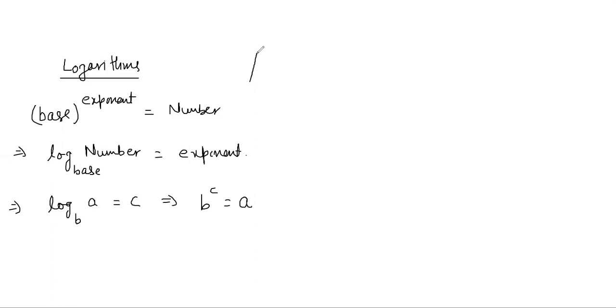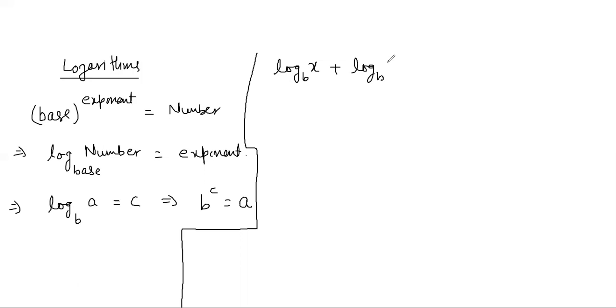Then I proved that. So I am proving this again, although I had already proved this formula. The formula was log of b to the base x plus log of b to the base y is equal to log of b base xy. So how did I prove it yesterday?